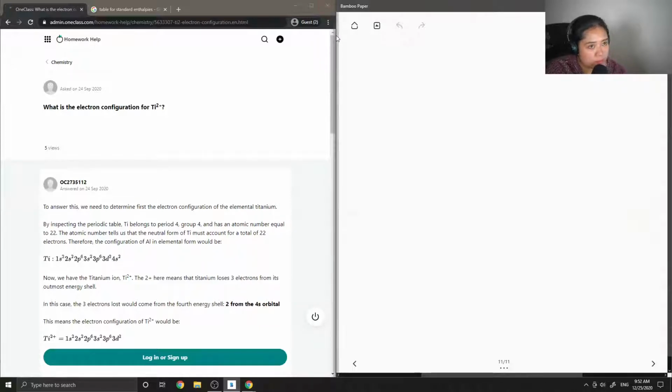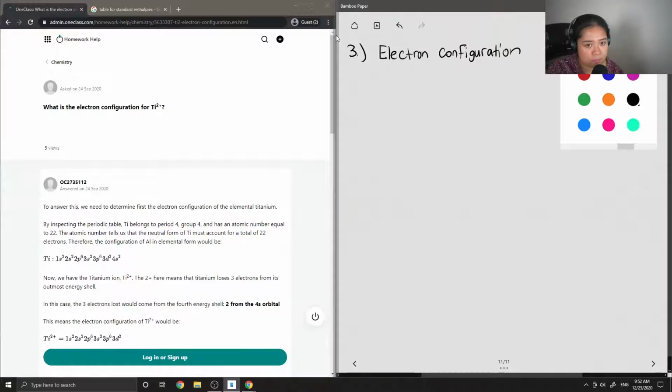Okay, so question 3. What is the electron configuration for titanium 2+? So for electron configuration questions, we need to follow the following steps.